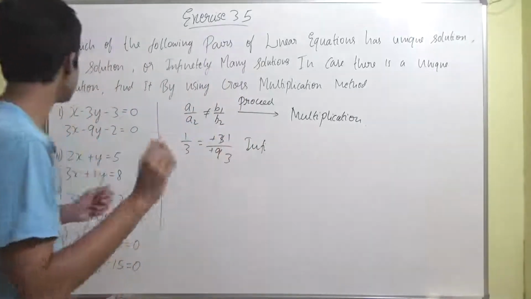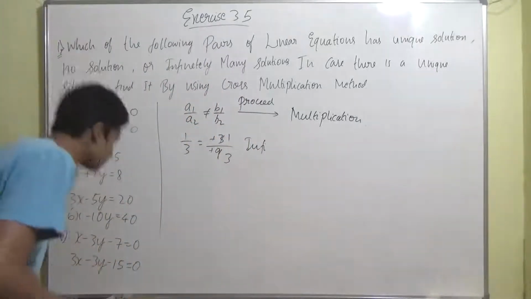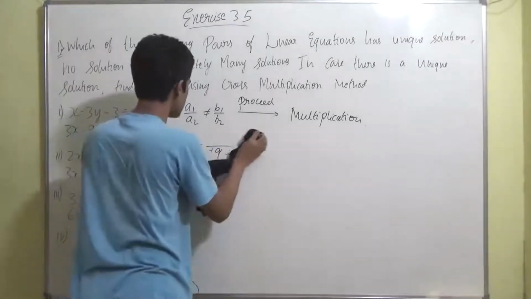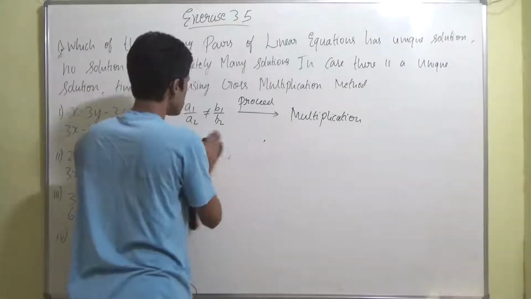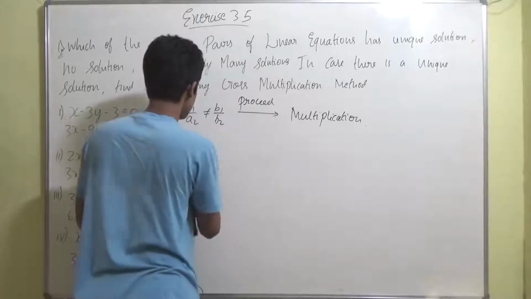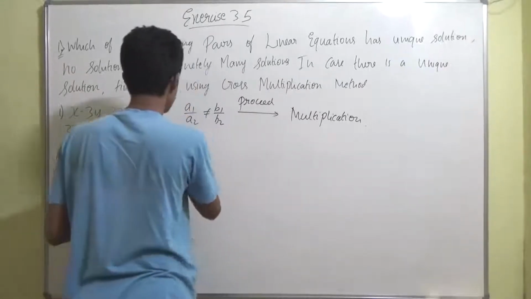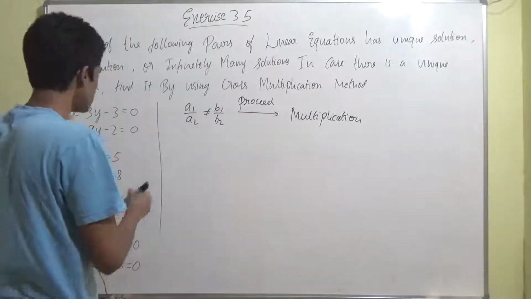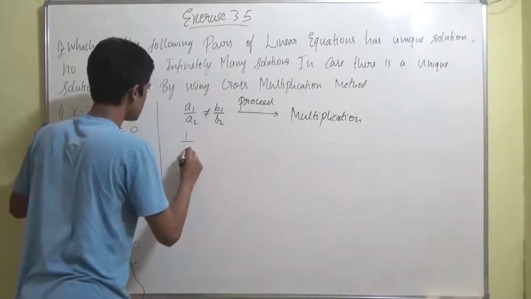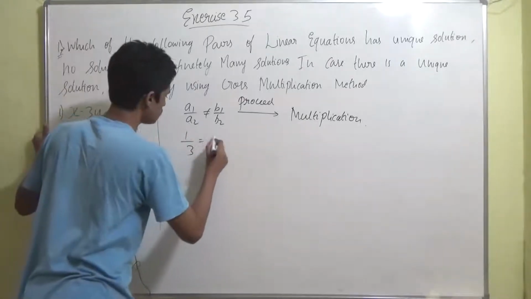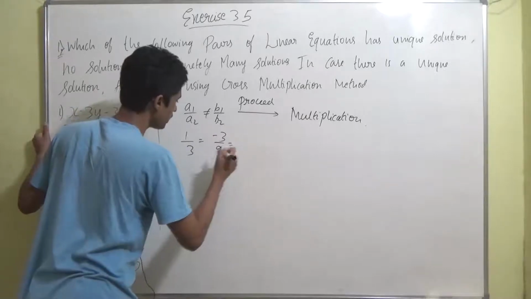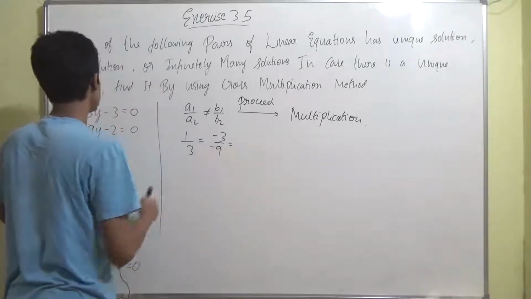Oh, 1 minute guys, 1 minute. You can't just compare a1, a2, b1, b2, you should also compare c1 and c2, right? In this case we didn't compare c1 and c2, we just saw a1 and a2. So here, 1 by 3 is a1 by a2, which is equal to minus 3 by minus 9, that is b1 by b2.